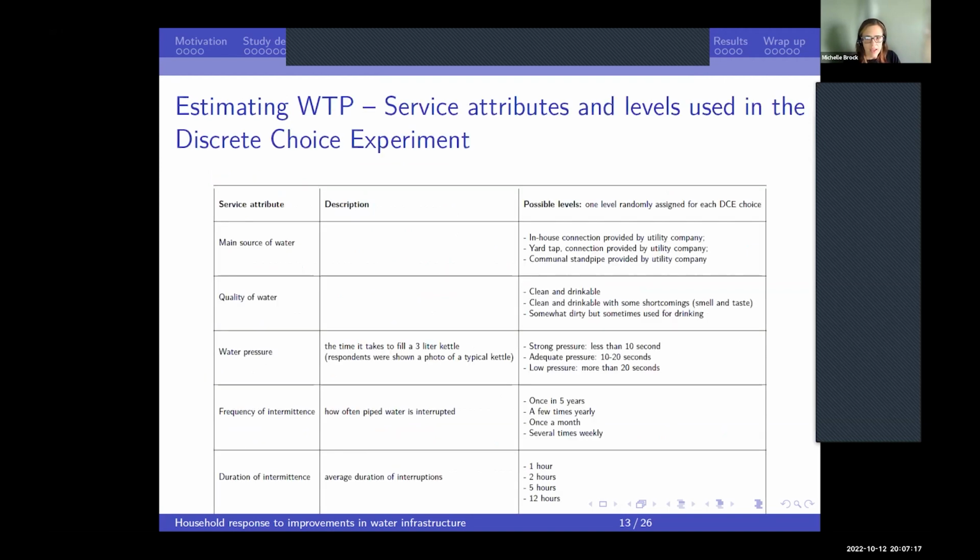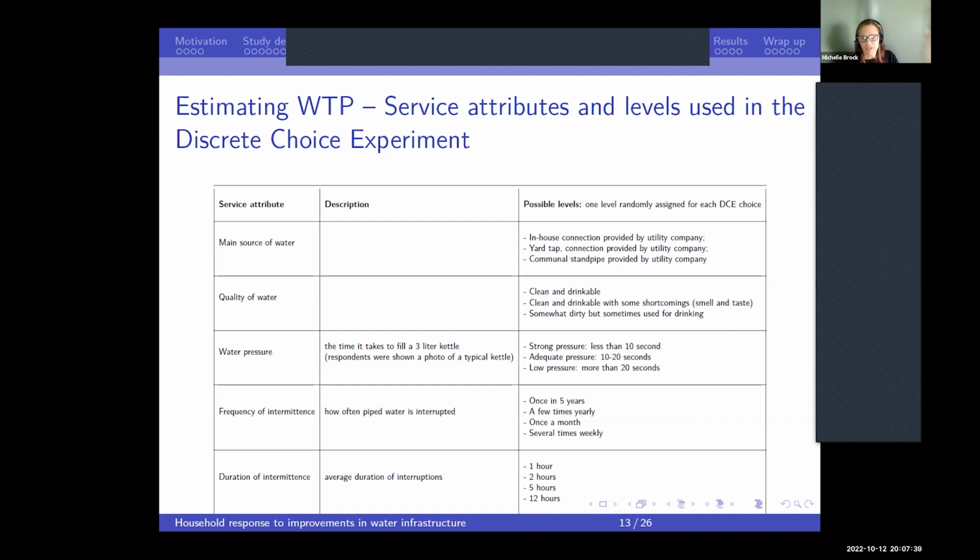So willingness to pay is one of the main outcomes of interest. We look at willingness to pay for 4 different qualities of water service or attributes. One is the quality, so is it clean and drinkable? How much are you willing to pay to get water that's clean and drinkable as opposed to somewhat dirty?